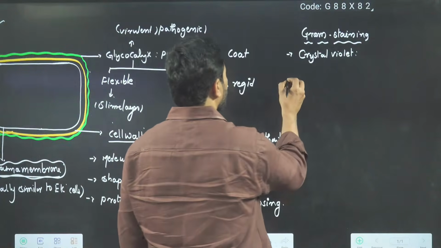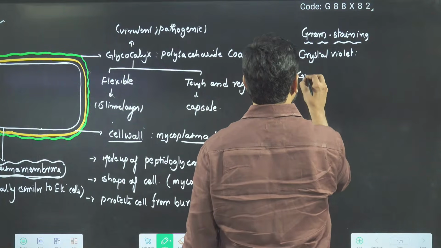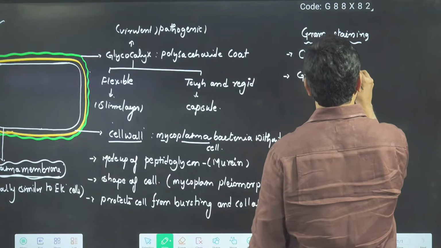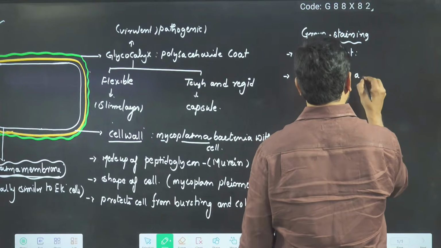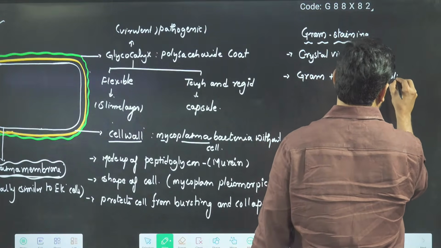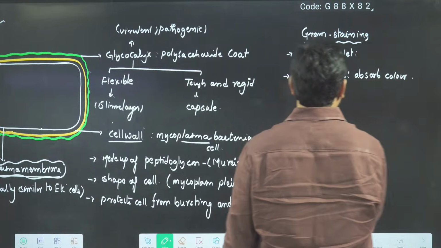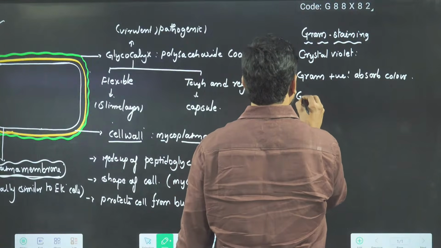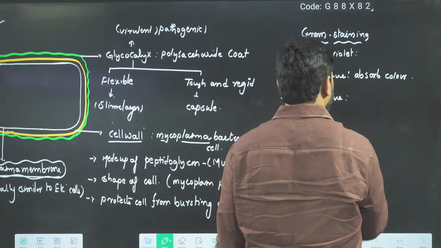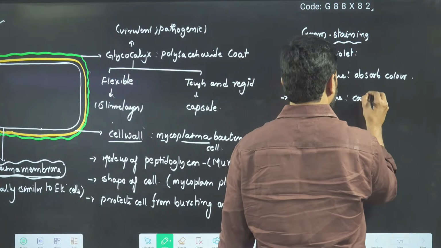Simply, if crystal violet is absorbed, it is gram positive; they intake or absorb the color. Gram negative bacteria cannot absorb color.